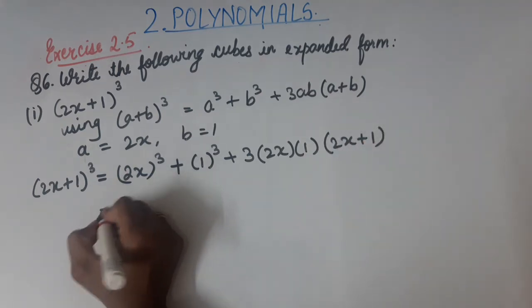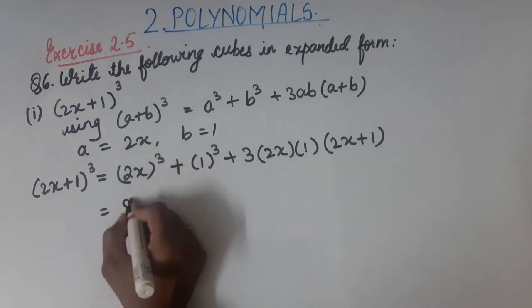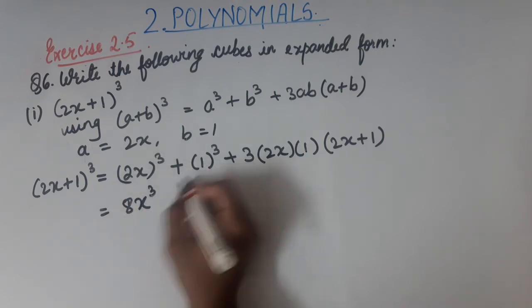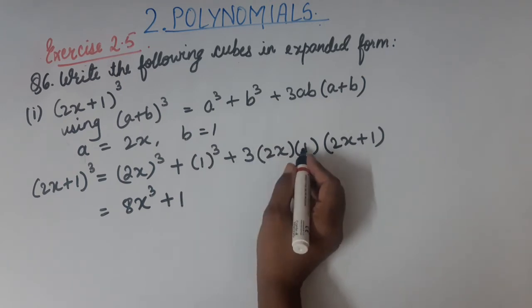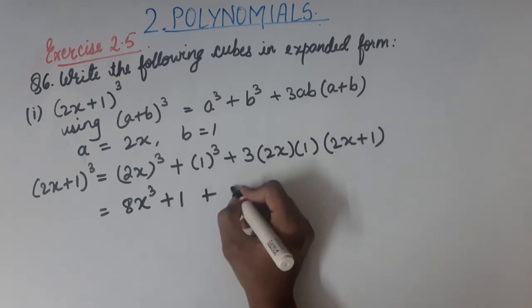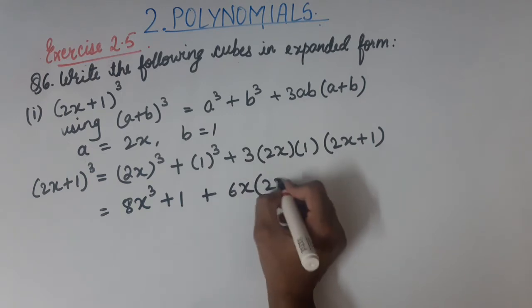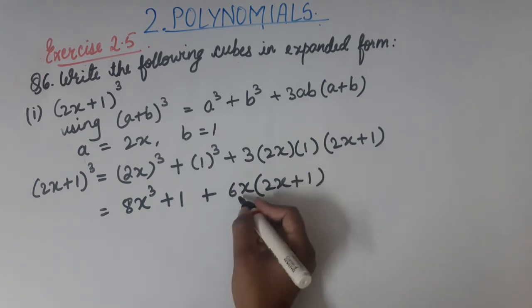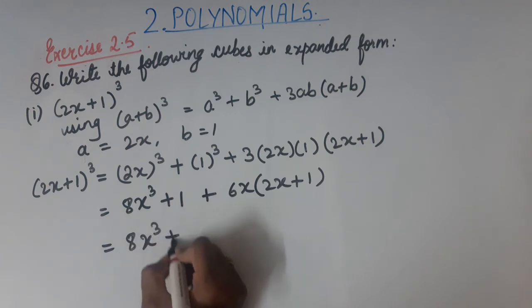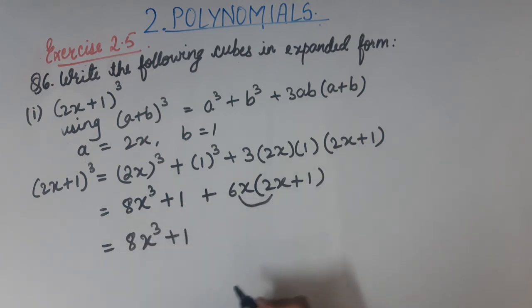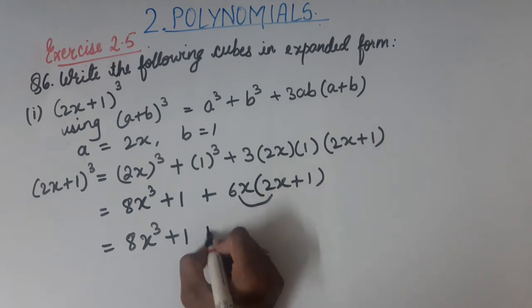Right? Now get it. 2 cube is 8 into x cube, 1 cube is 1, 3 into 2 is 6, 6x into 1 is 6x. So plus 6x in bracket 2x plus 1. Now multiply that 6x inside the bracket. What you will have? 8x cube plus 1 as it is. Now 6x into 2x. 6 into 2 is 12.